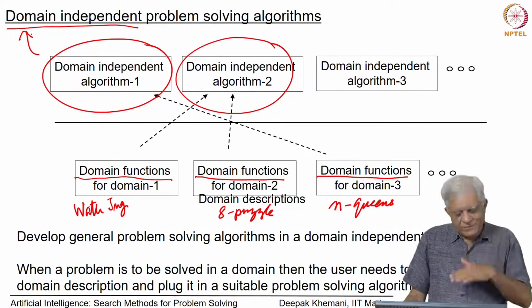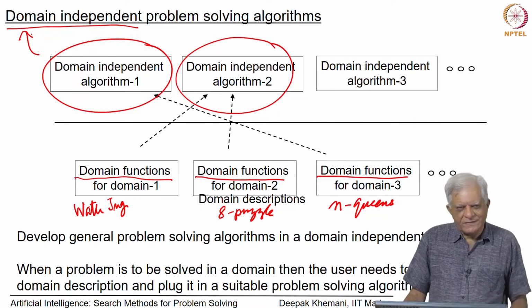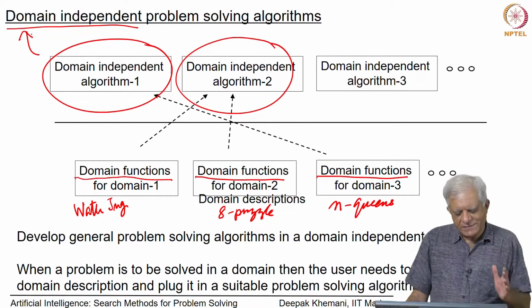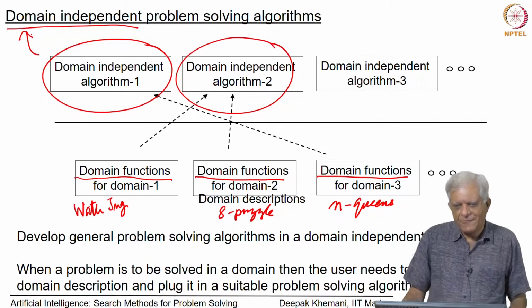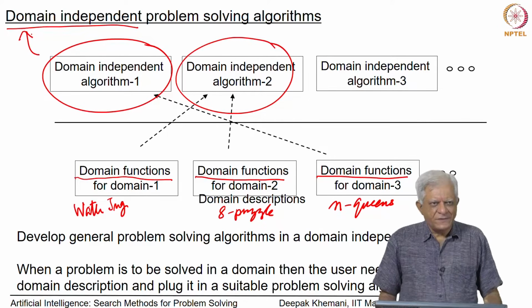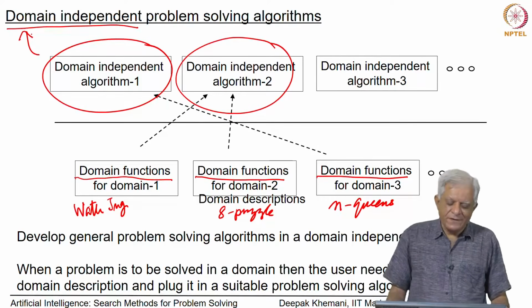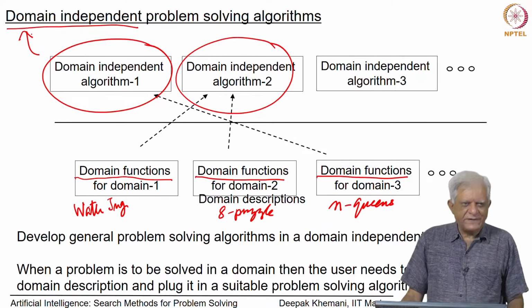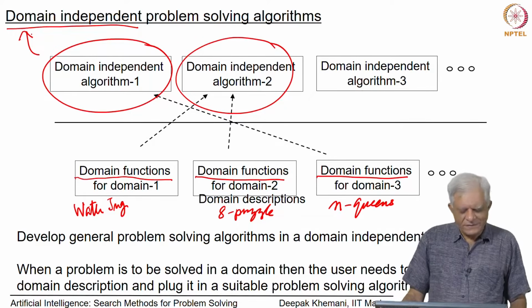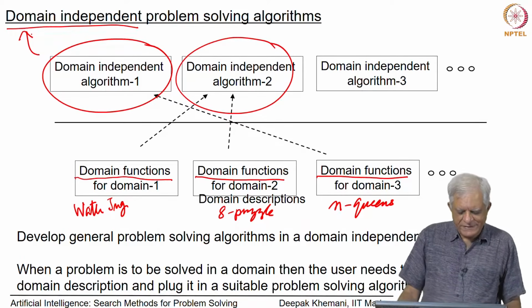We want to model this whole problem solving process as a process of searching in some space, and that space is going to be the state space to begin with, and we will see how algorithms can solve problems in the state space essentially.